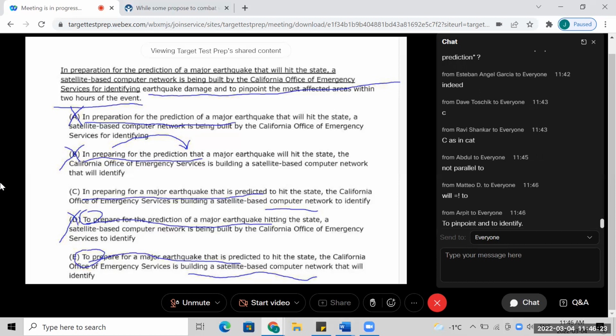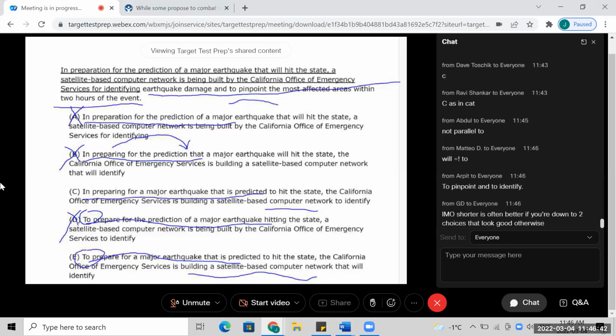So let's look at the non-underlined portion of E. Office of Emergency Services building a satellite-based computer network that will identify earthquake damage and to pinpoint. It's not parallel. A satellite-based computer network that will, okay, that sounds good.